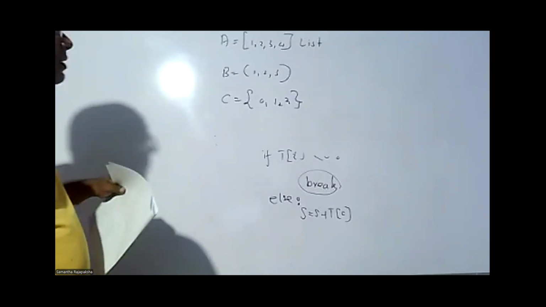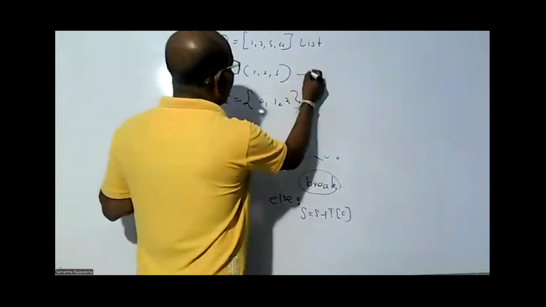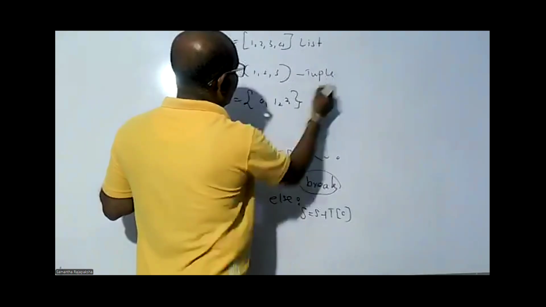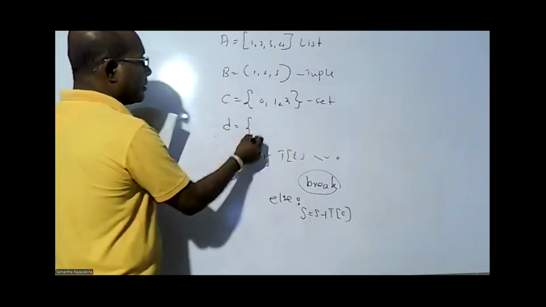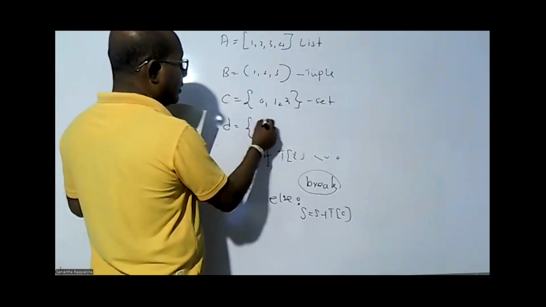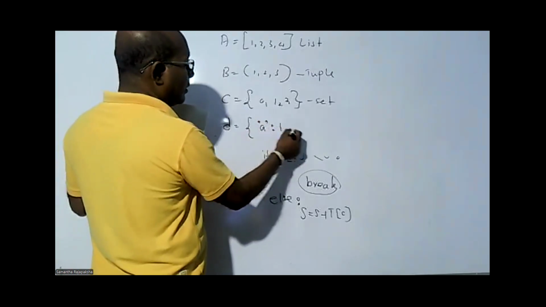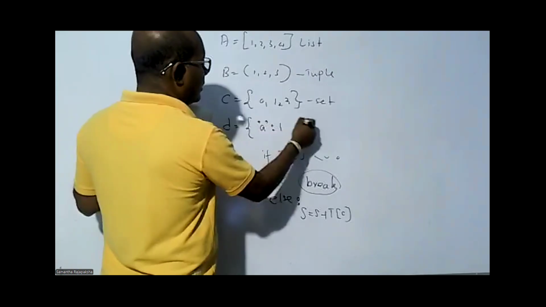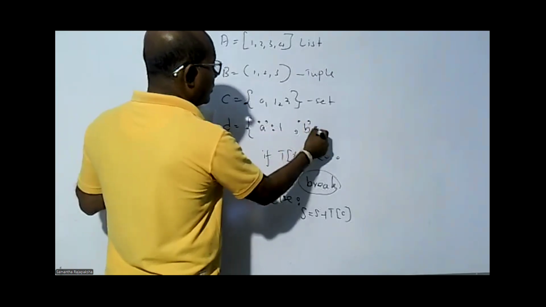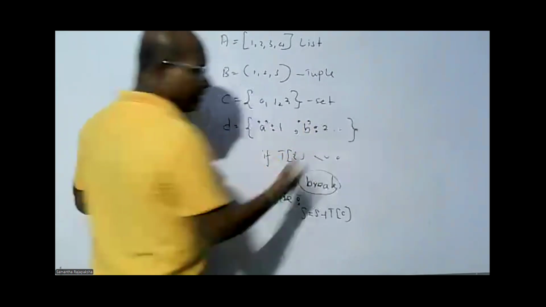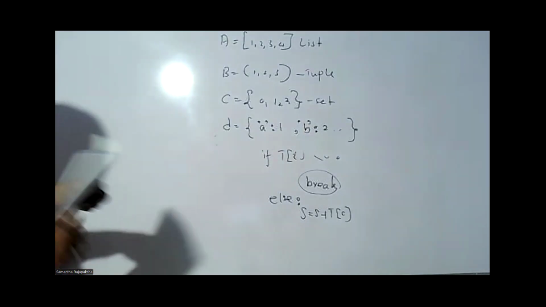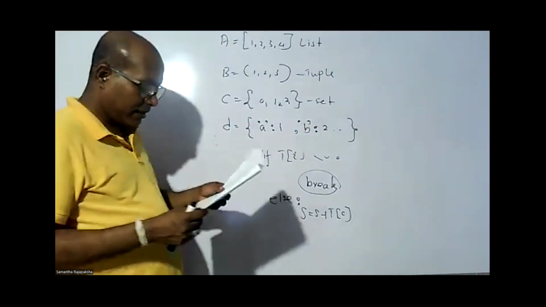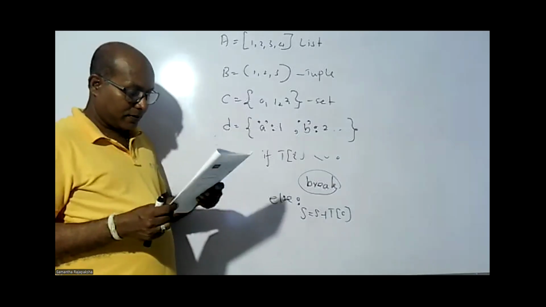And if you have something like A colon 1, B colon 2, this one we call a dictionary. Those are the points. Therefore, here this one is a tuple.